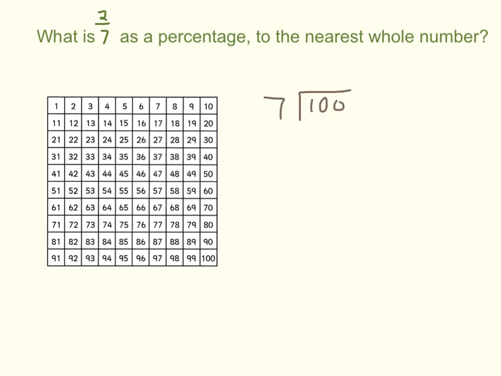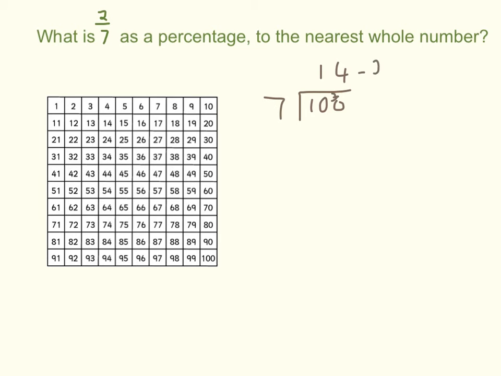So, of course, I've got to figure how many 7s go into 100. Well, there's 1 7 in 10, and then 3 left over. So then, that's not a very good 3. And then I've got to figure out how many 7s in 30. Well, I know that 4 7s are 28, and that will leave me a remainder of 2.